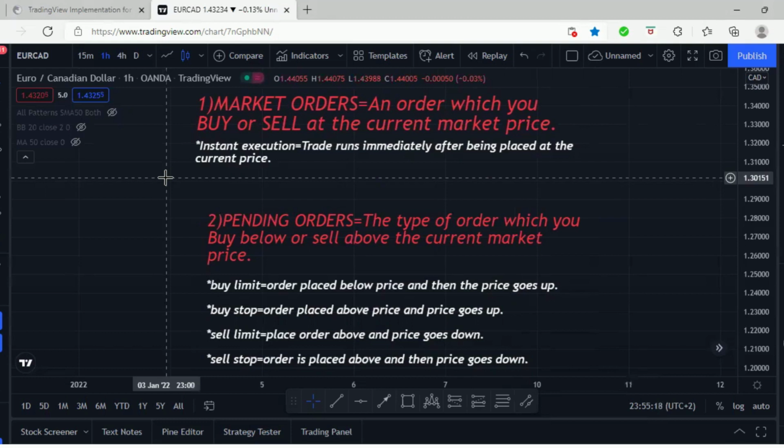A pending order is a type of order in which you buy below or sell above the current market price. There is only one type of market order, which is instant execution. An instant execution order is when you place a buy or a sell trade and it runs immediately at the current market price.